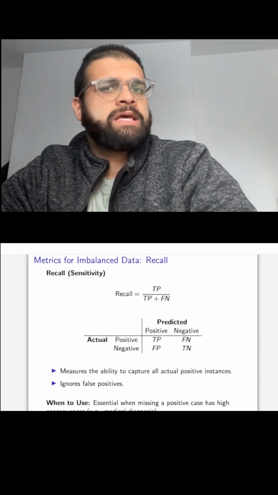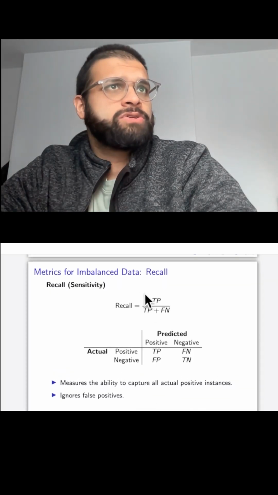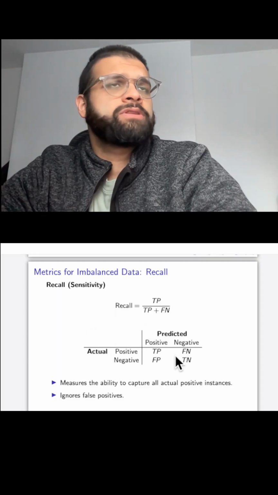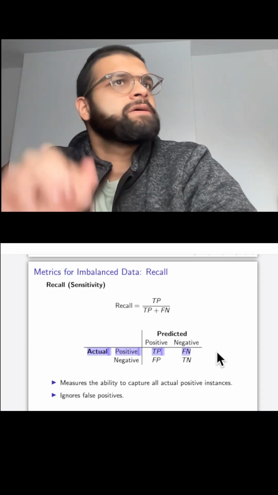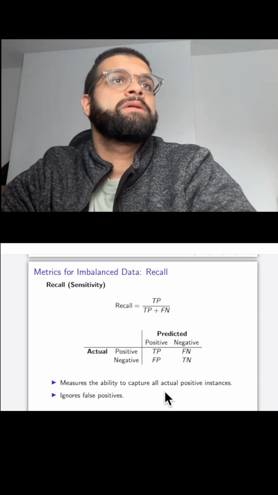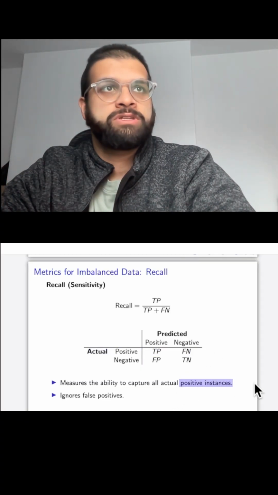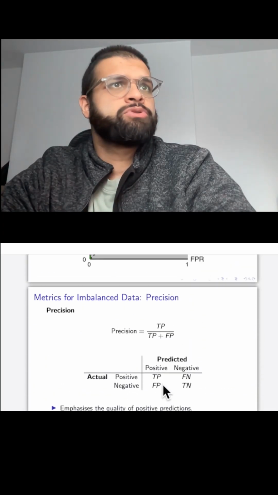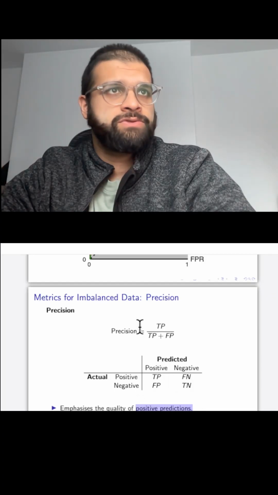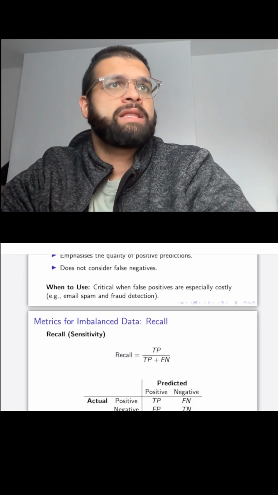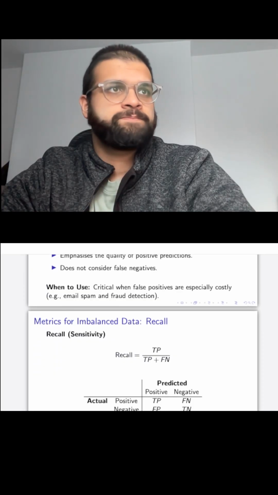Now we have recall, also known as sensitivity, which looks like this. That's basically the horizontal side. It looks at the proportion of this and at how well your actual positive instances are being captured. Precision looks at positive predictions, so that's here below, but recall looks at actual positive instances here.